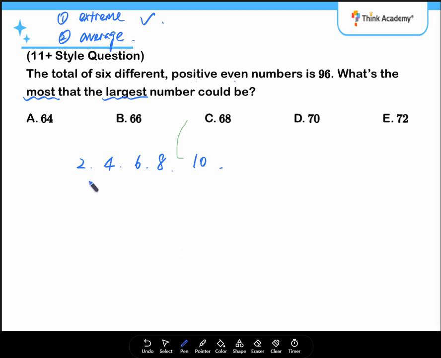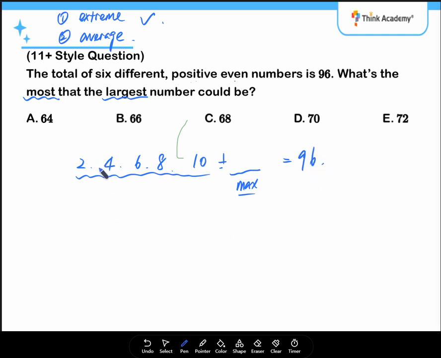The smallest 5 positive even numbers are them. Then the 6th one should be as large as possible, and they all add up to 96.